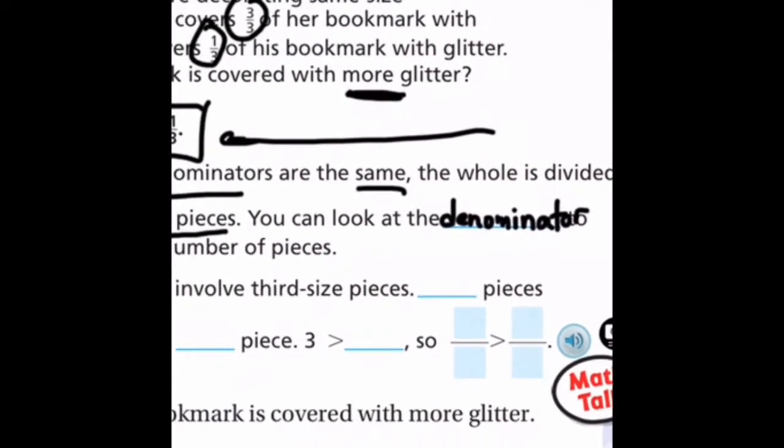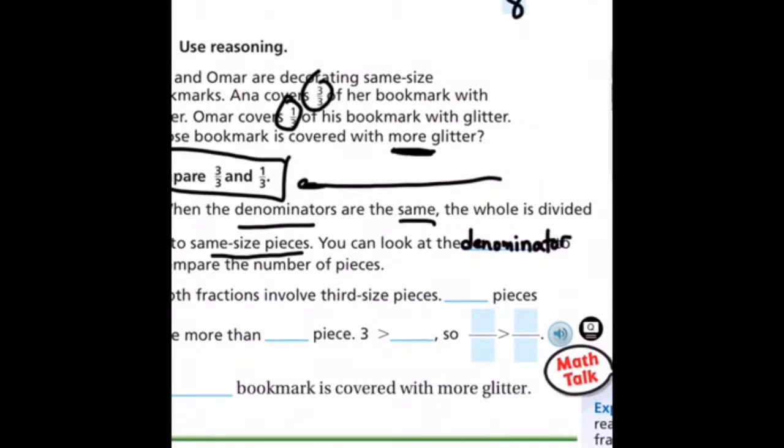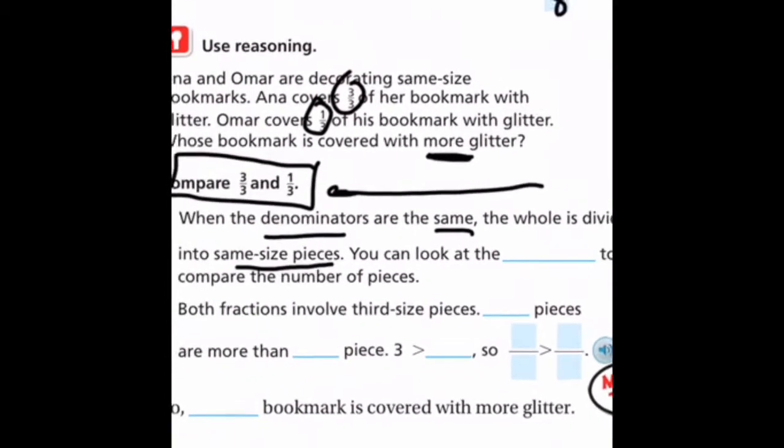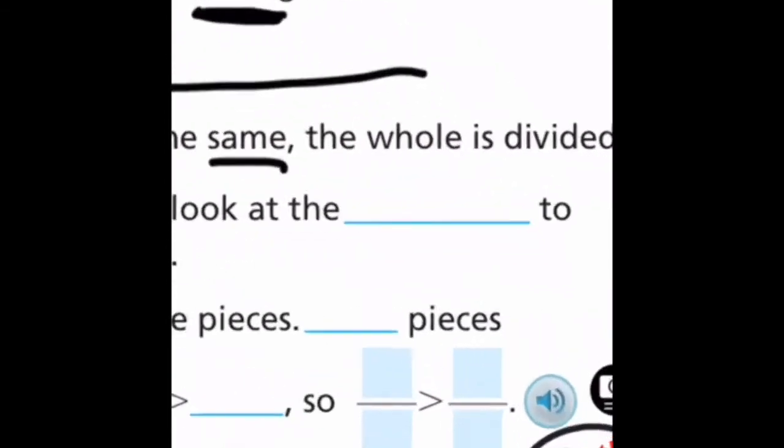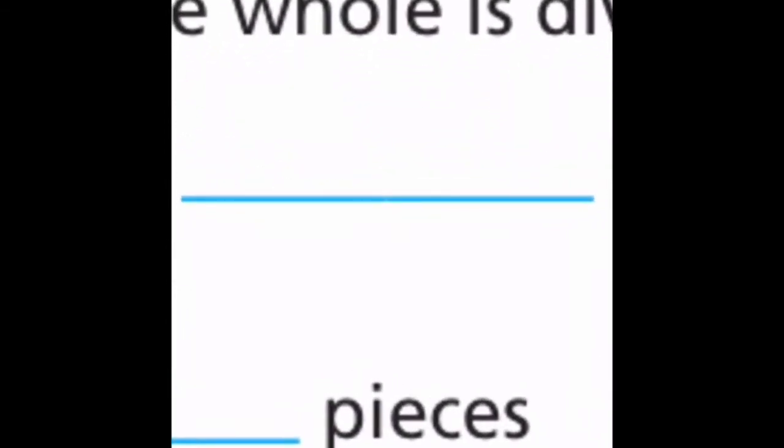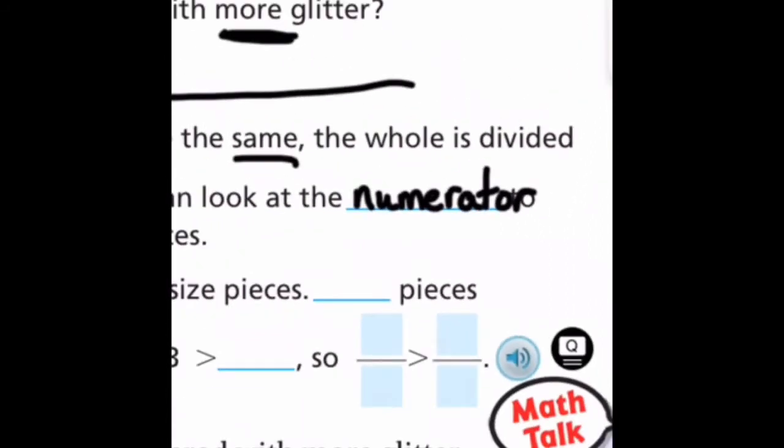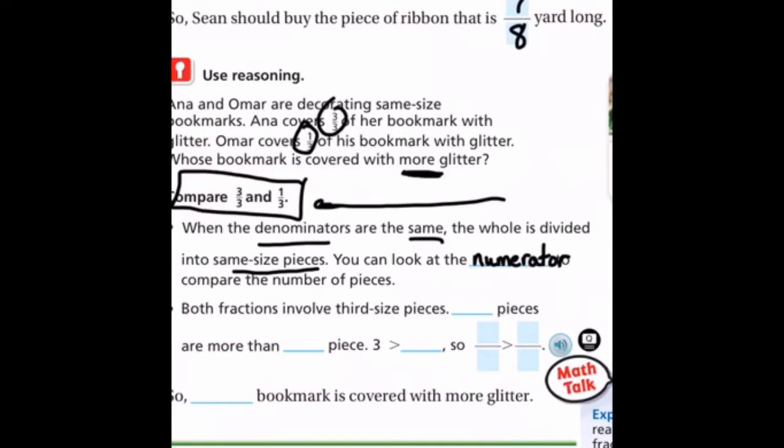The denominator is going to tell us the total number in the whole, but we're going to look at the top number then to compare who did what. So the top number, you should know that is called the numerator. That's the number we're actually going to compare between Anna and Omar. We're going to look at the numerator, the top number for Anna and Omar.